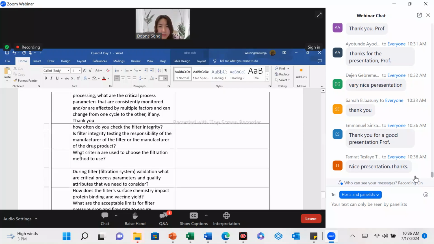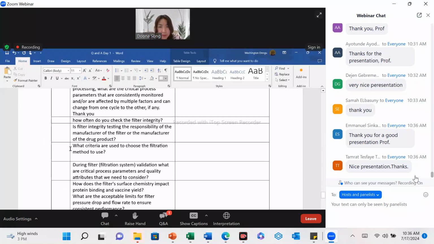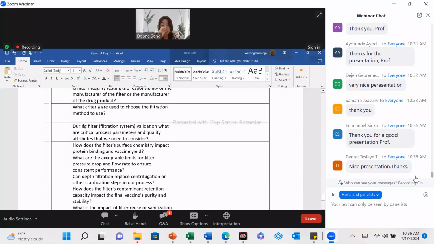And what criteria are used to choose the filtration method to use? This is a tricky question.